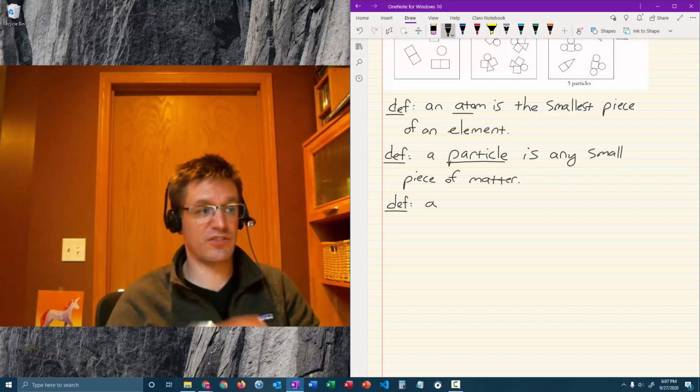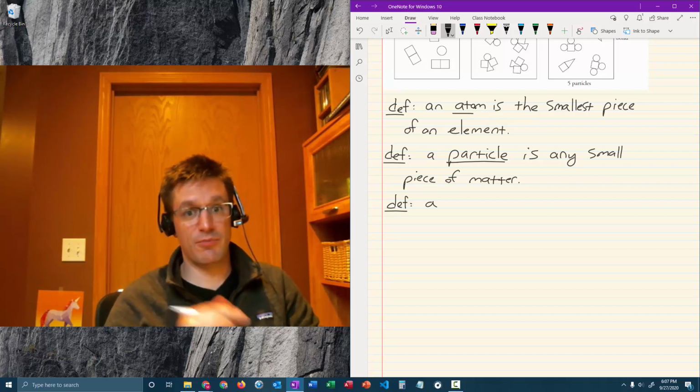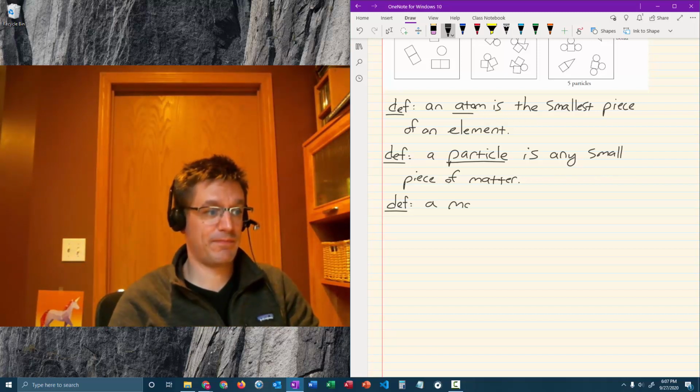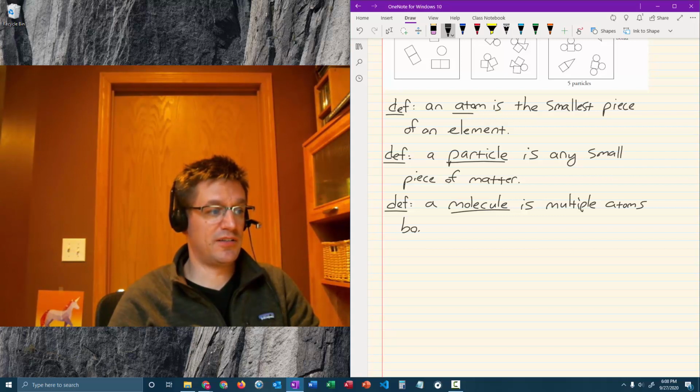Molecules are little pieces of matter made of more than one atom. So a molecule, I'm going to say, is multiple atoms bonded together in a particle.